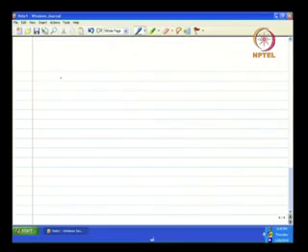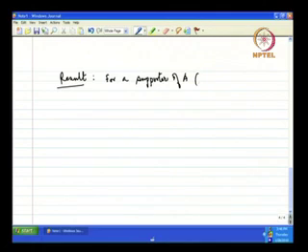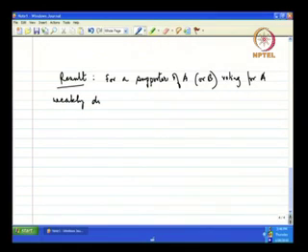The result is that for a supporter of A, or suppose B, voting for A weakly dominates voting for B.